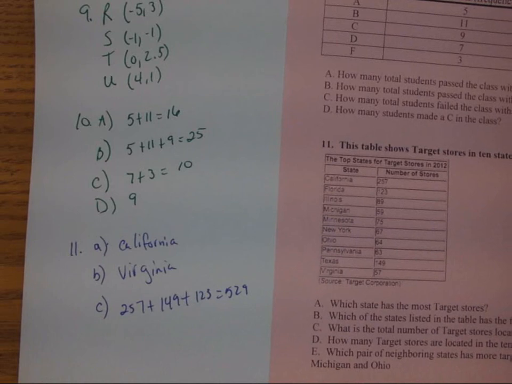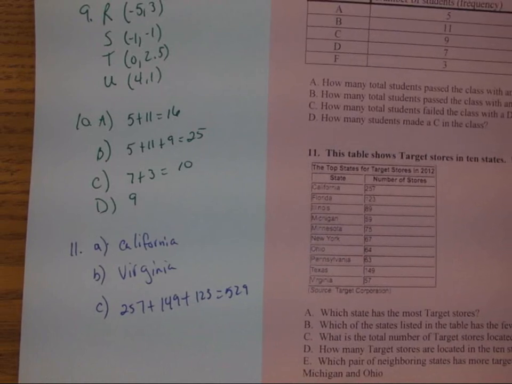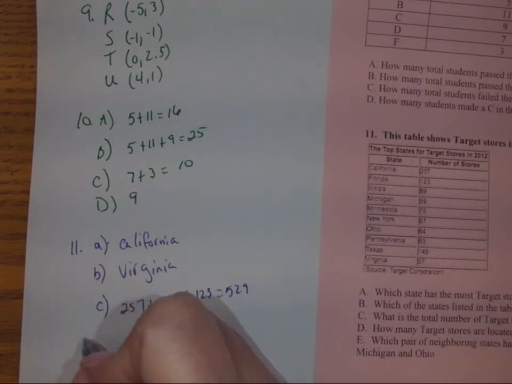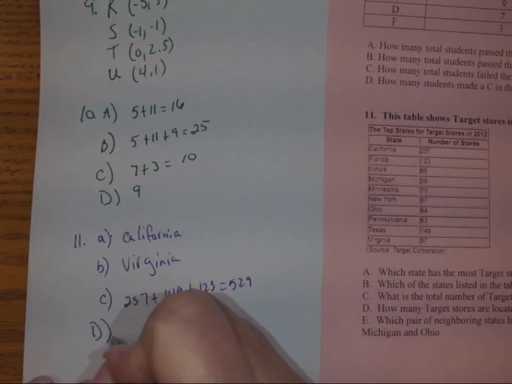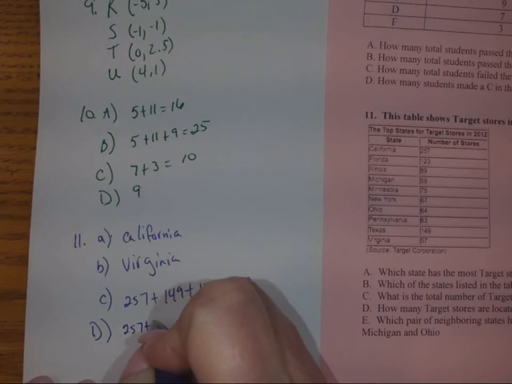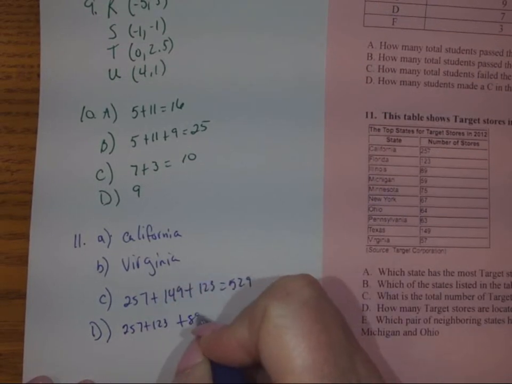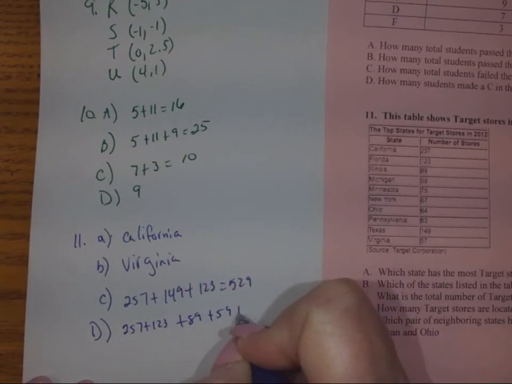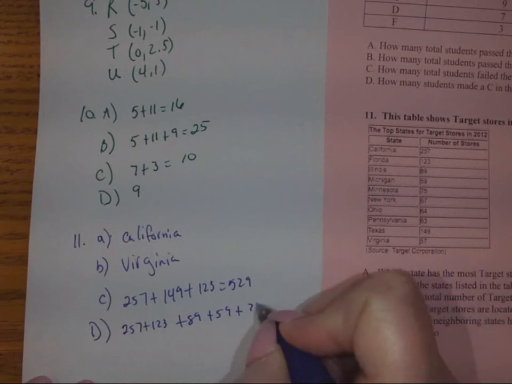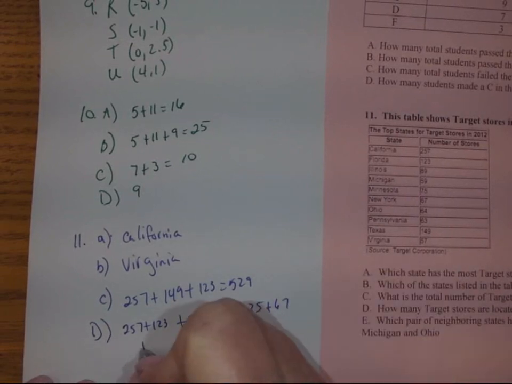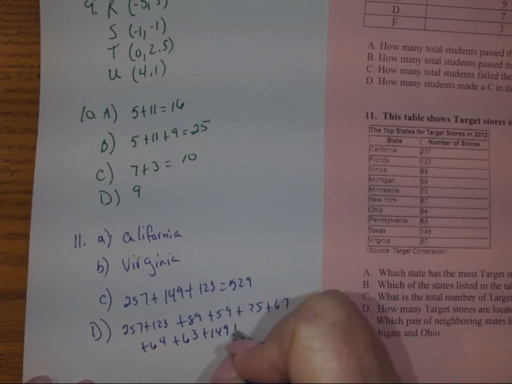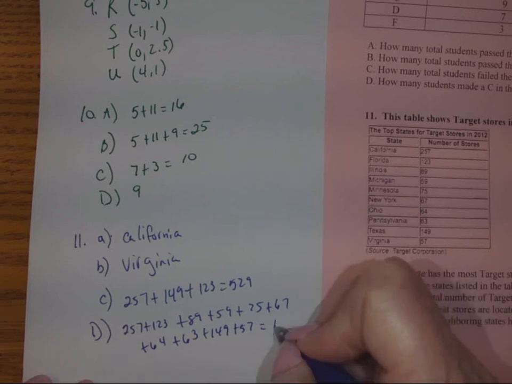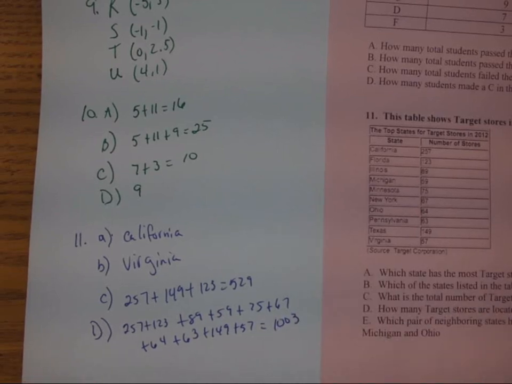All right, how many Target stores are located in the 10 states listed in the table? Well, for this, we're going to have to add all of the numbers. So we'll have 257 plus 123 plus 89 plus 59 plus 75 plus 67 plus 64 plus 63 plus 149 plus 57. And that will get us a total of 1,003.